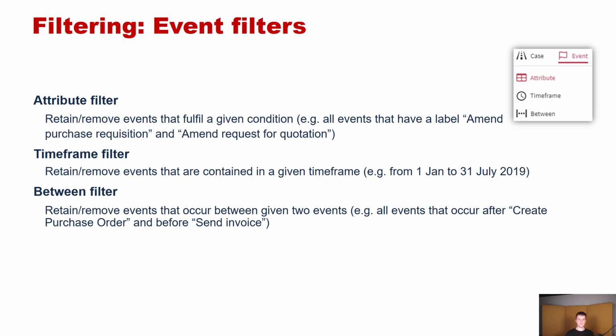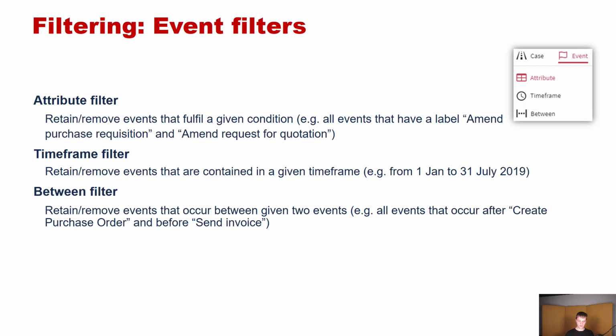What event filters allow you to do is to focus on a specific part of the process control flow. For example, if your process has a well-known sub-process that begins with a specific activity and ends with a specific activity, then you can use the between filter to focus in on that sub-process alone without looking at other parts of the event log.